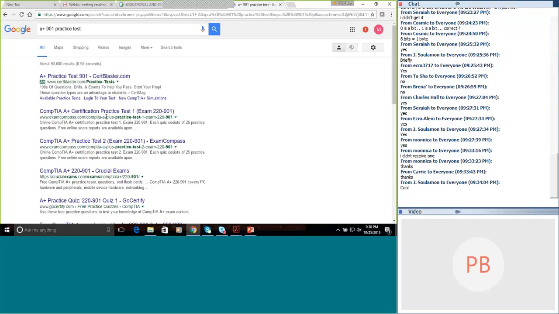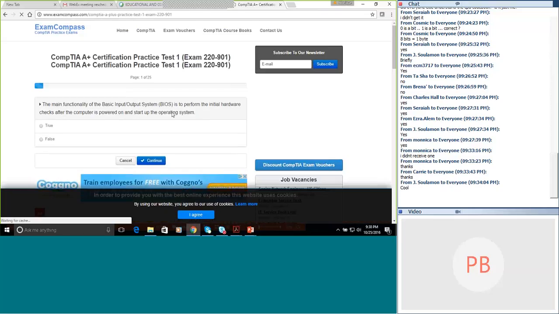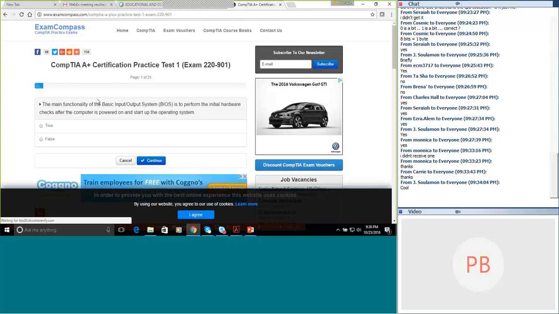So say we go to the Exam Compass practice test. The main functionality of the basic input-output system, the BIOS, is to perform the initial hardware checks after the computer is powered on and start up the operating system. True or false? True.